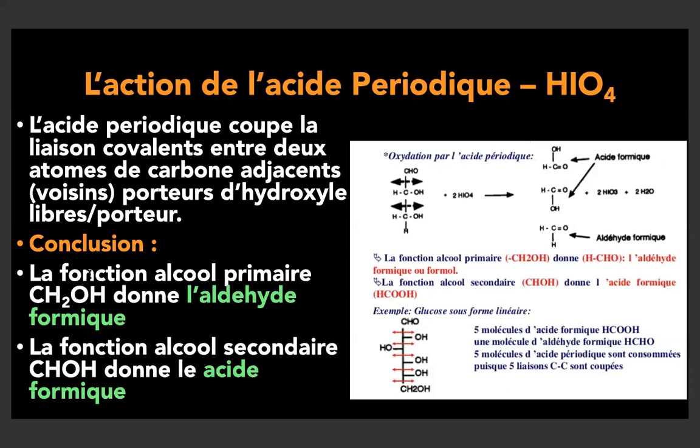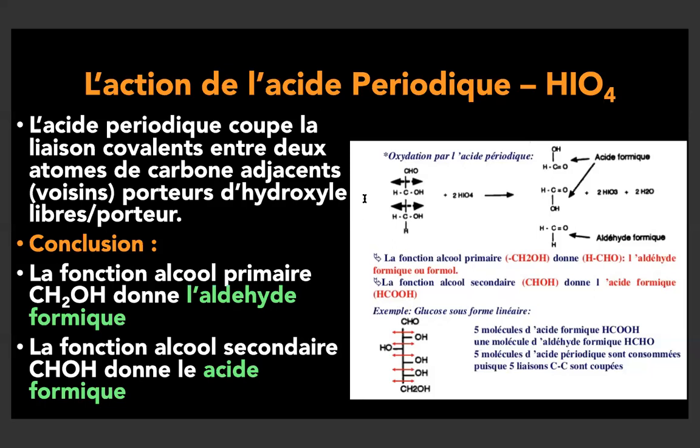So the primary alcohol function gives the formic aldehyde as a result of the periodic acid.